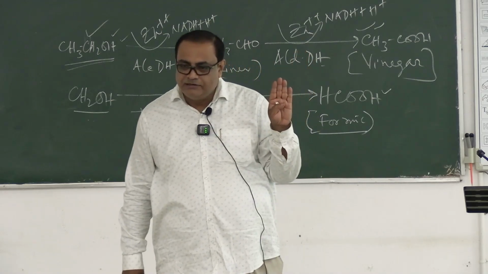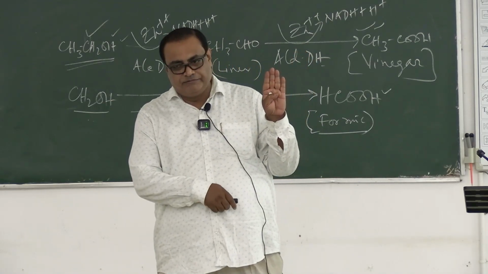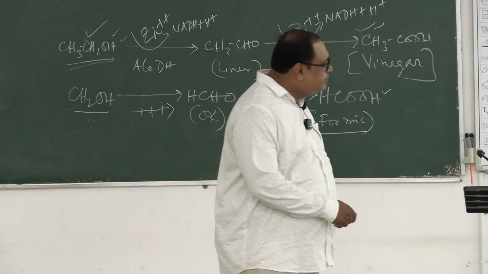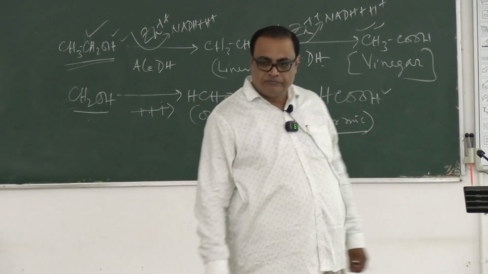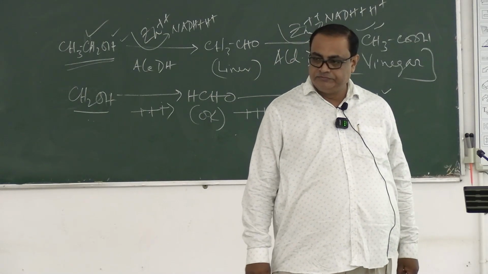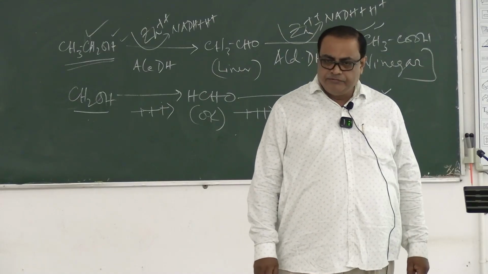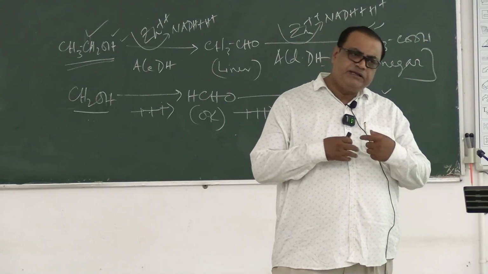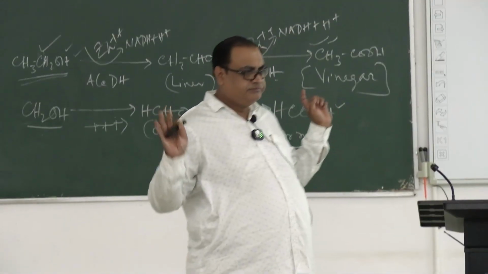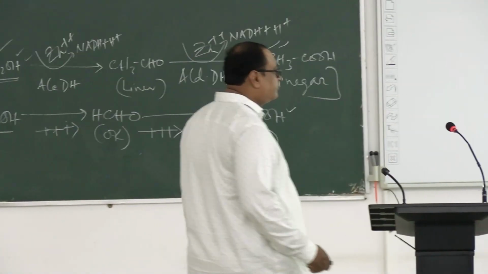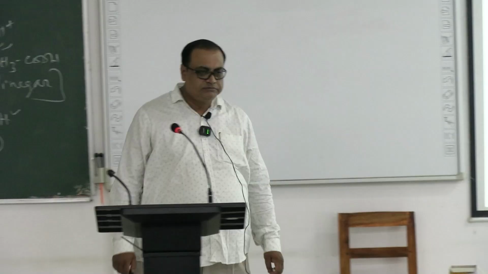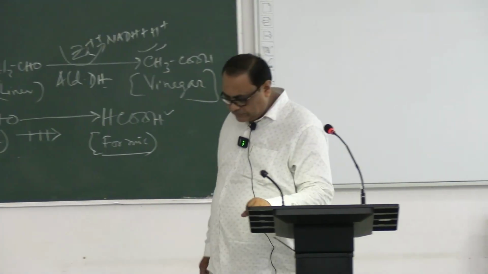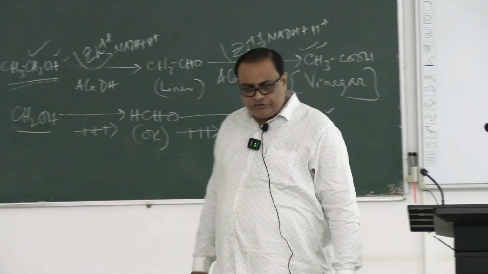It becomes uncompetitive. That is what? Inhibitor can bind only when the substrate is already bound. In non-competitive, irrespective of binding of substrate, it will bind. This is the flowchart.